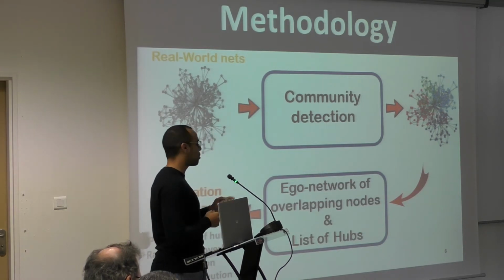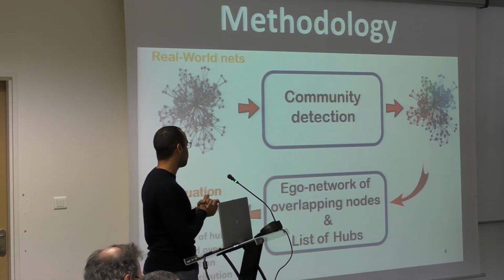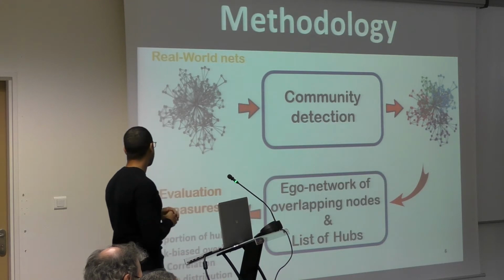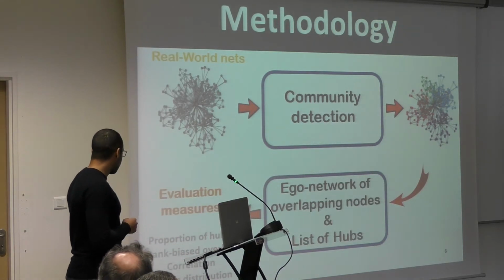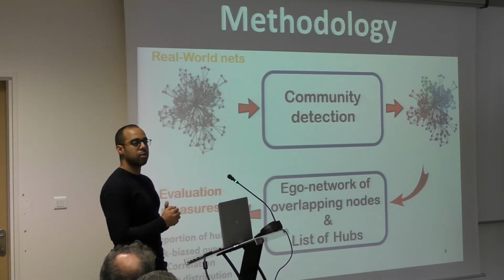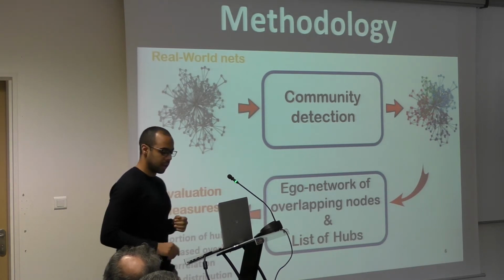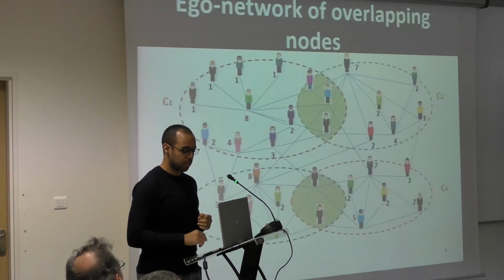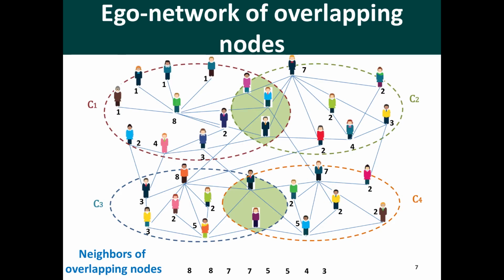In order to compare the list of hubs with the list of neighbors of overlapping nodes, we perform some evaluation measures. We compute the proportion of hubs and the rank-biased overlap. We also measure the correlation between both lists, and we analyze their degree distribution. As I said before, the ego network is formed only from the immediate neighbors of the overlapping nodes.